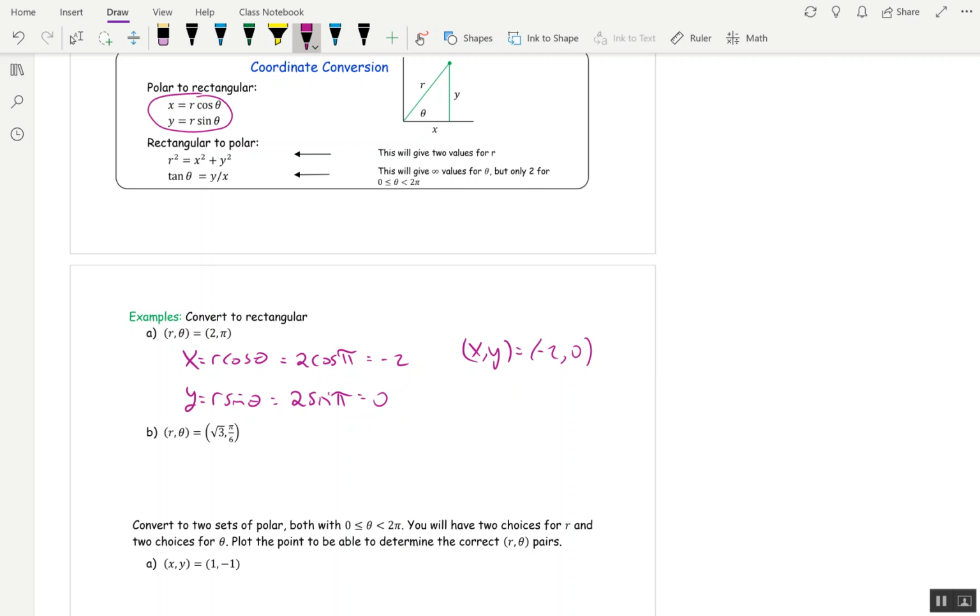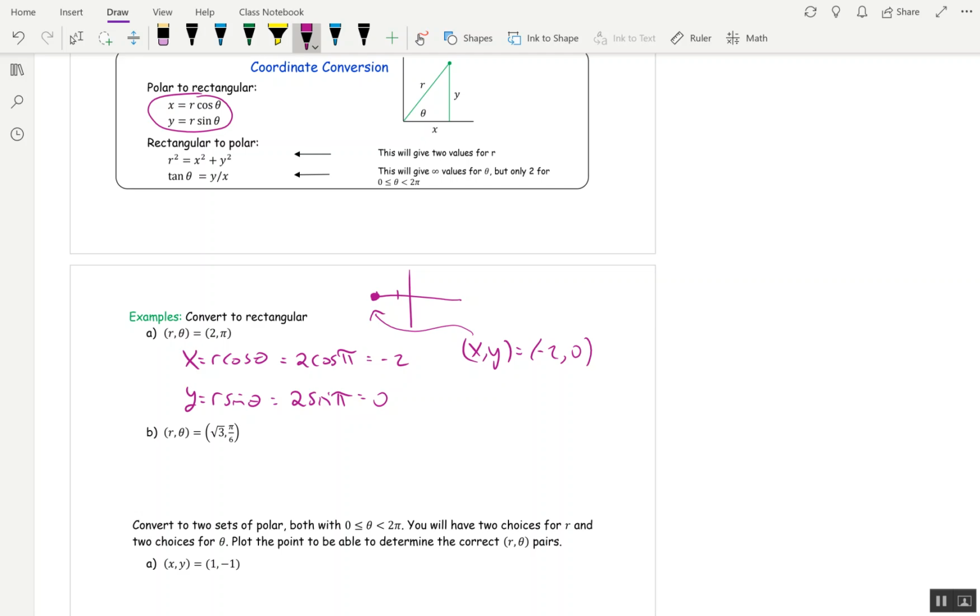We really didn't need equations to do that. We could have plotted this point in polar coordinates, go to the angle pi and go 2 units out. So the rectangular coordinates for that point are -2, 0.